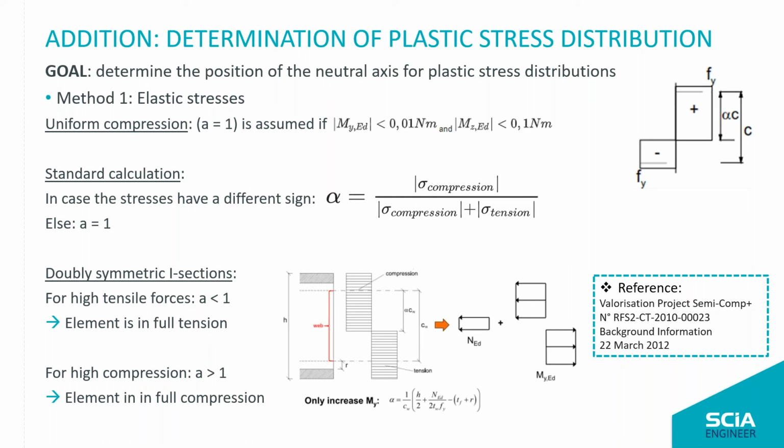With some added rule that we have here coming from the Semicomp Plus research, of which I will talk to you a lot more later, which gives us some more advanced formula on calculating the stress distribution for doubly symmetric I sections. But it is still not a fully accurate plastic calculation.